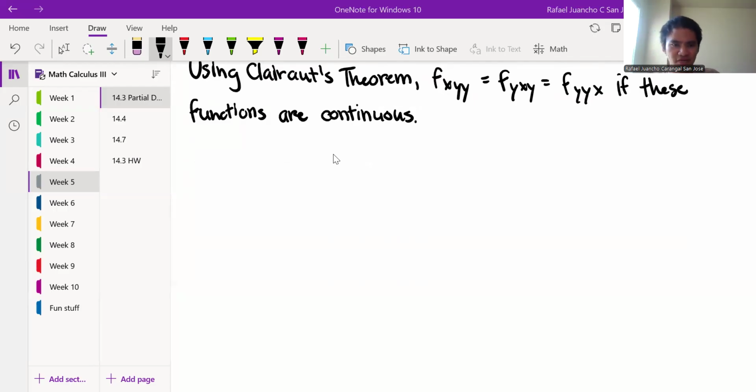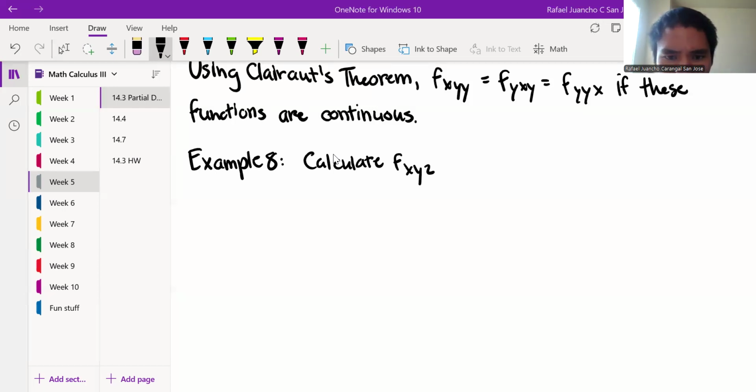Okay, let me go through a final example in the book, and then I'm going to do some examples from my homework, and then we'll see how it goes. Here we're being asked to calculate f sub xyz. Oh, what? Is this a fourth order? x, x, y, z.